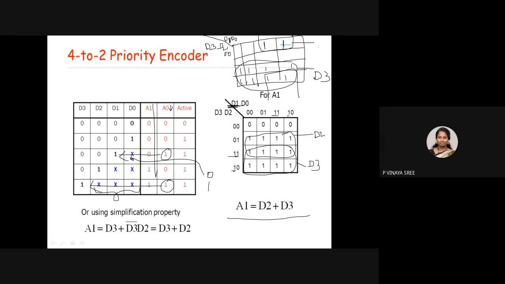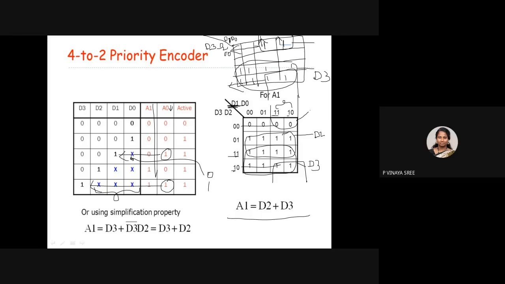See properly. You need to check this side, and this side, and the above 2. Tell me the expression you see from here. Let us consider this 2. You need to check this 2 and this 2. D2, D1, ma'am.